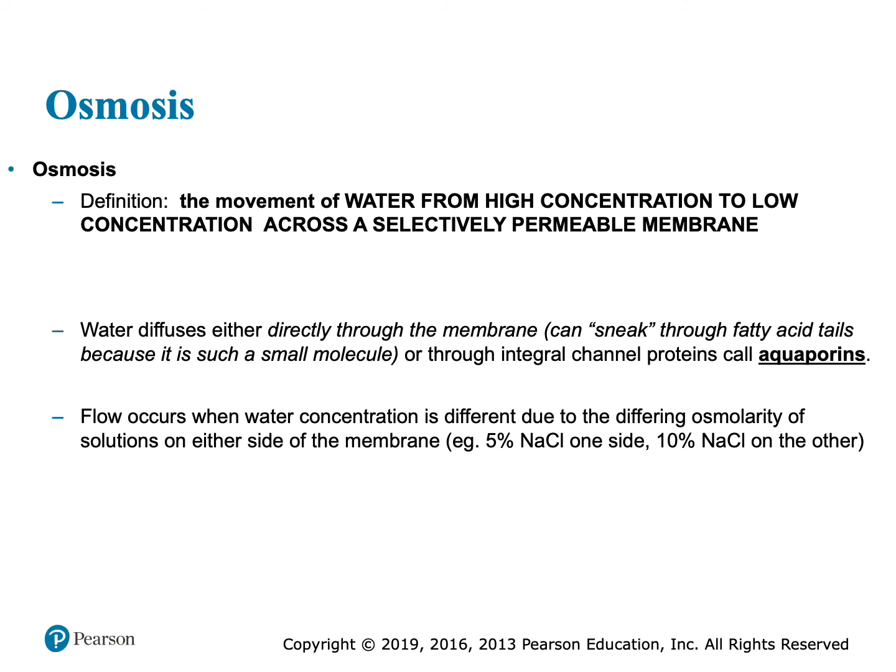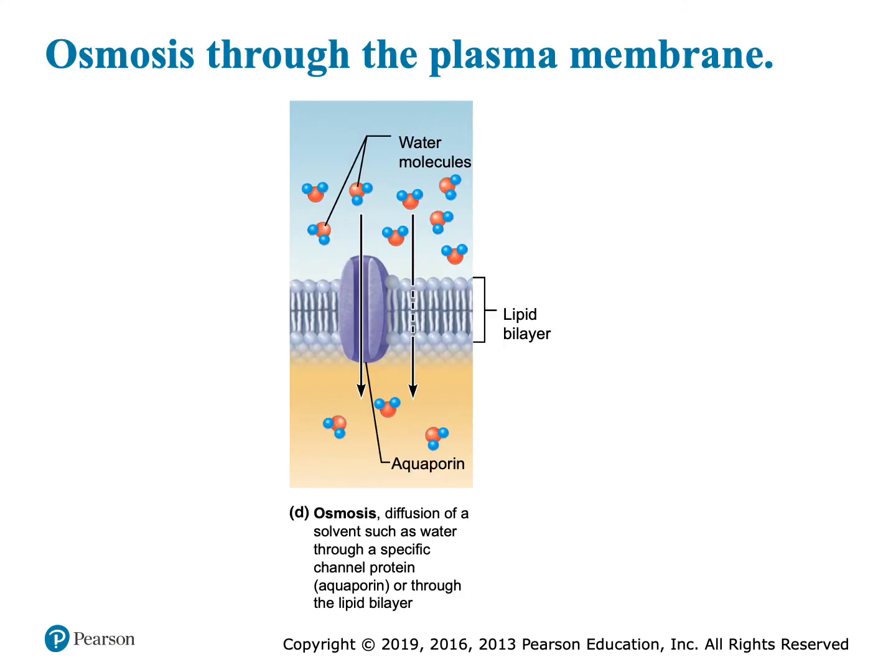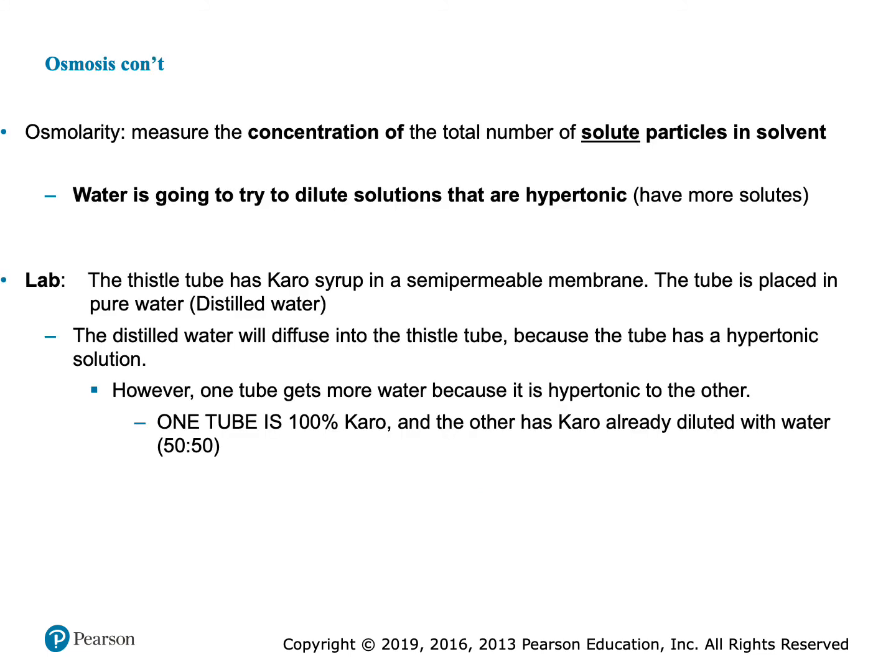It's got more solutes, less solvent. Water, universal solvent. Remember that? So moving from high water concentration to low water concentration, it's going to move to the 10% sodium chloride side. When we're talking about a 5% solution and a 10% solution, that's the osmolarity of a solution.